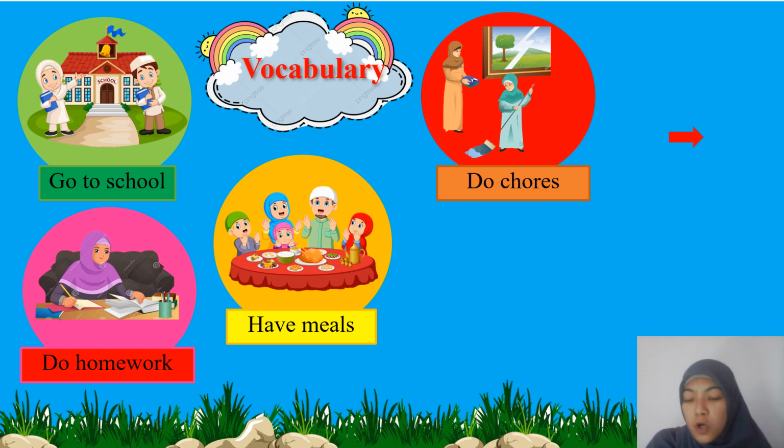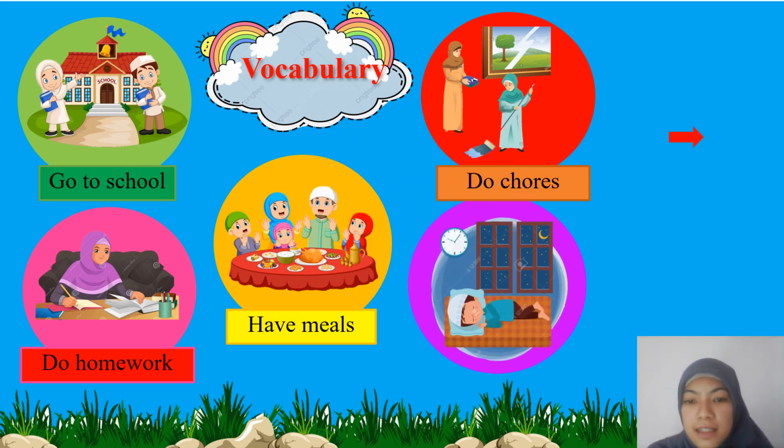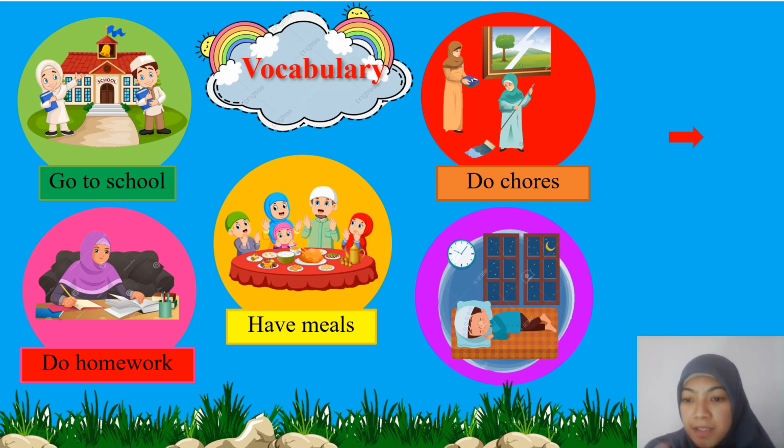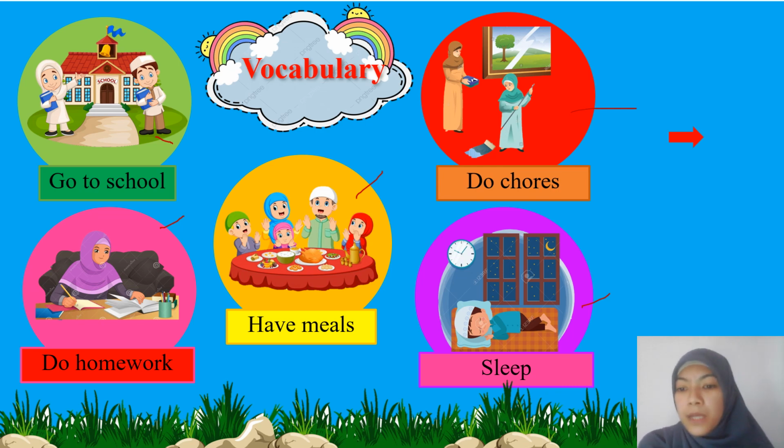And then, what is she doing? So, do chores. Do chores, or clean the house. And next, what does he do? Do you see the picture? So, sleep. Sleep. Okay, let's repeat the vocabulary again. Go to school. Do homework.